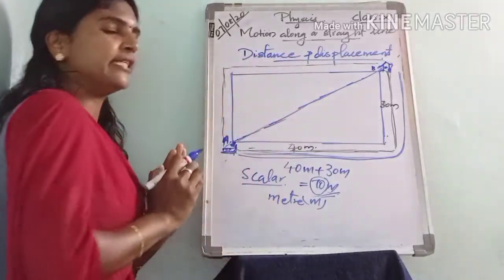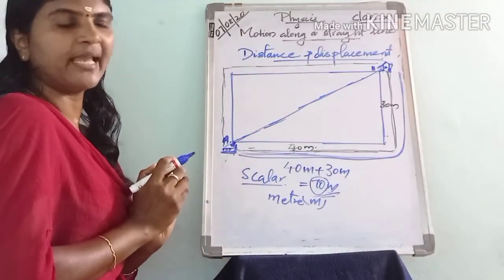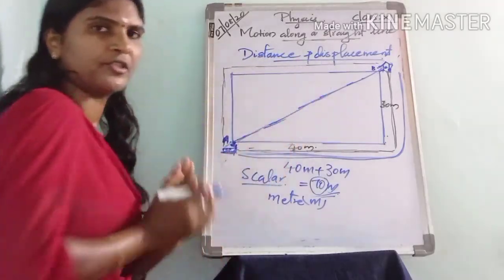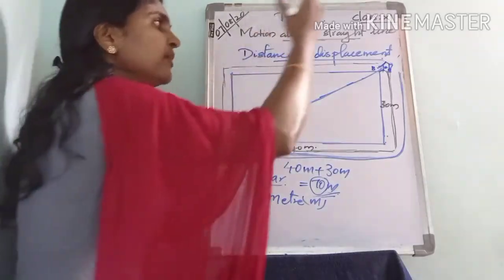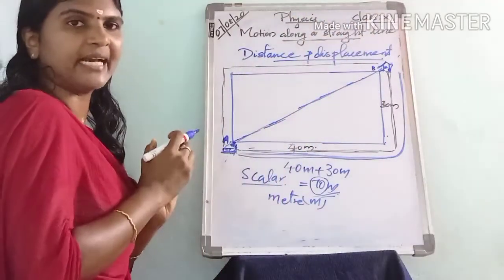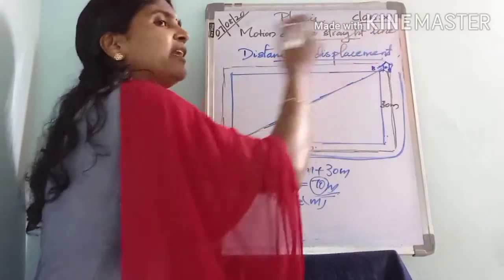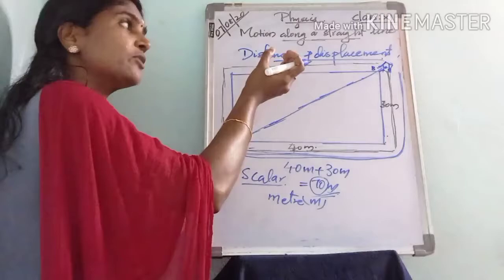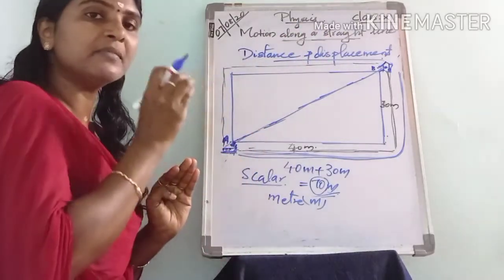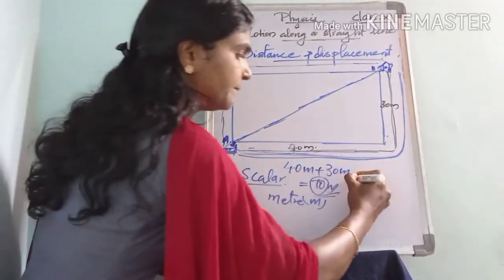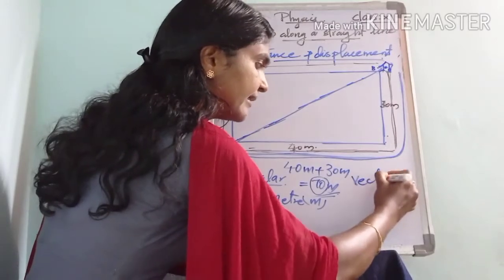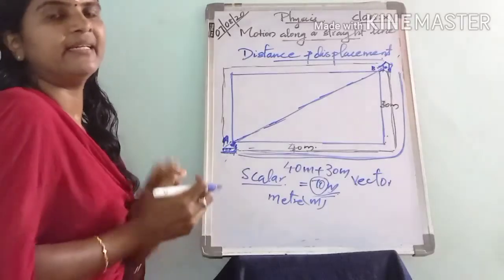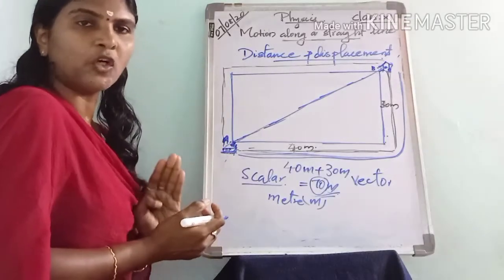That is called displacement. While specifying displacement, we have to mention its direction also, that is from this to this, its direction from initial position to final position. So displacement comes under the category of vector. Displacement is a vector quantity.